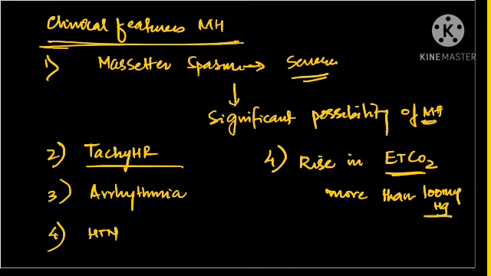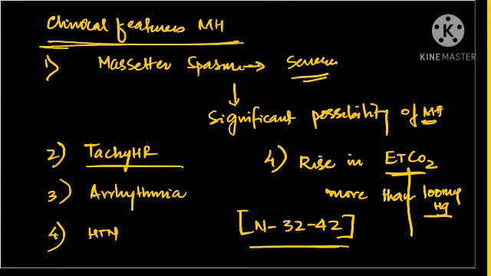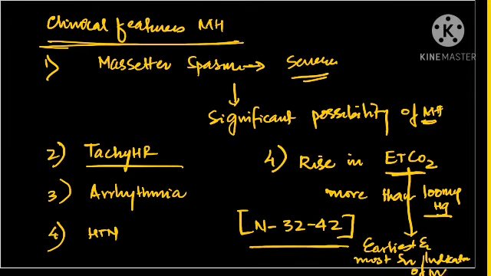Normal range is 32 to 42. This is very important. Rise in EtCO2 is the earliest and most sensitive indicator of MH.